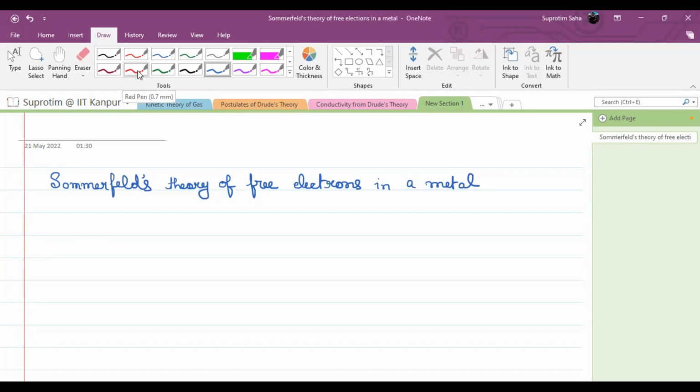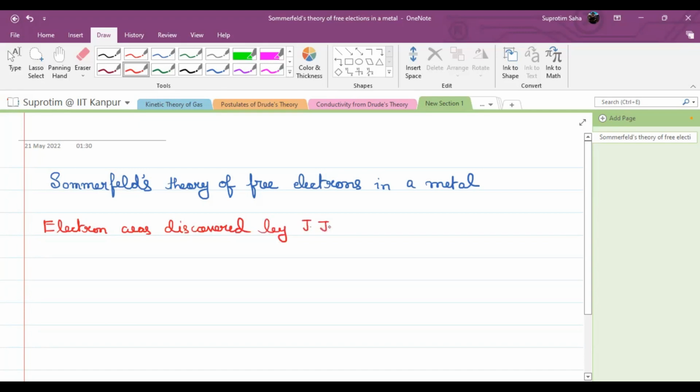So the electron was discovered by J. Thomson. People at that time had an idea that electrons are not classical, but behave as quantum particles.